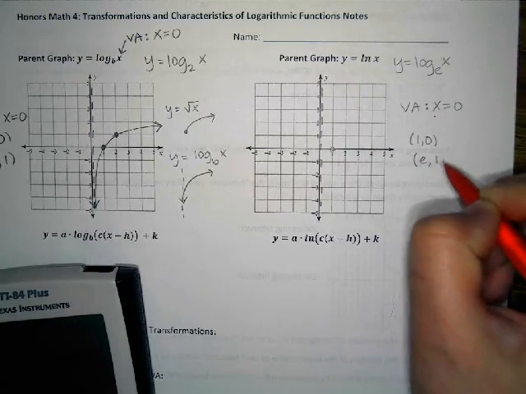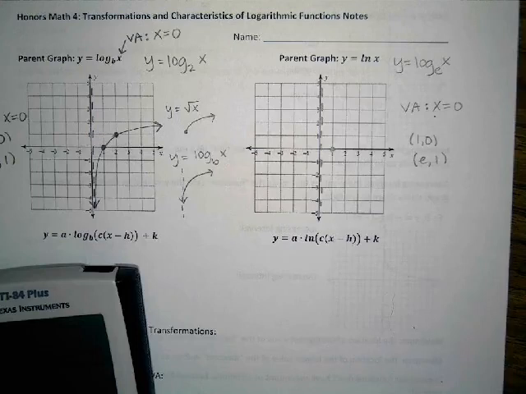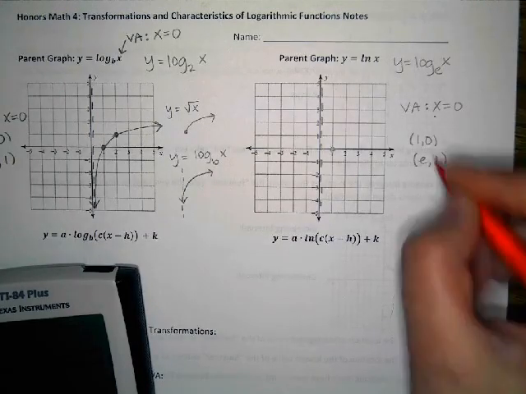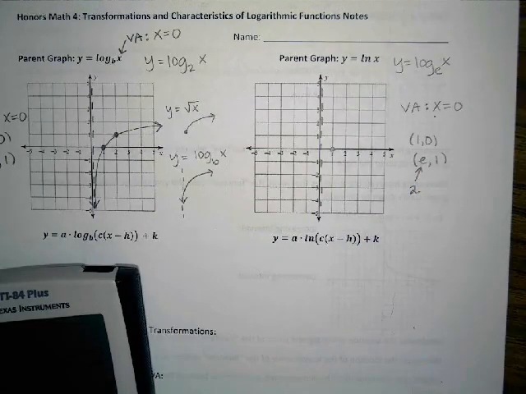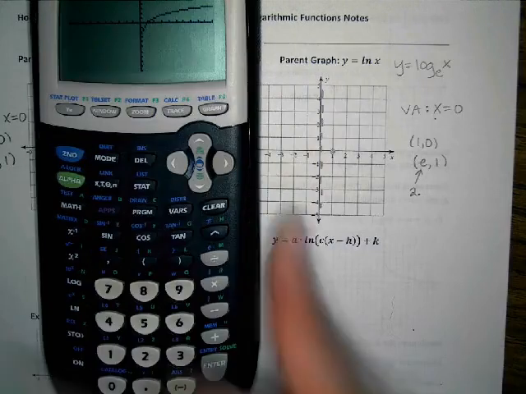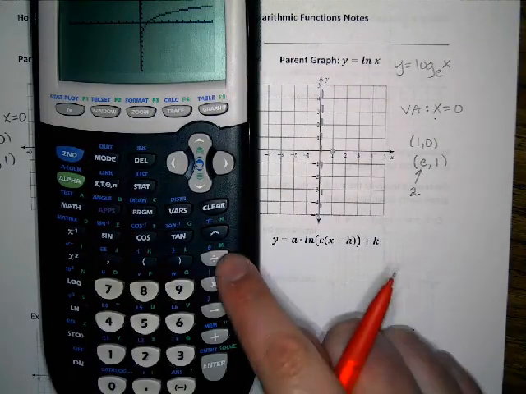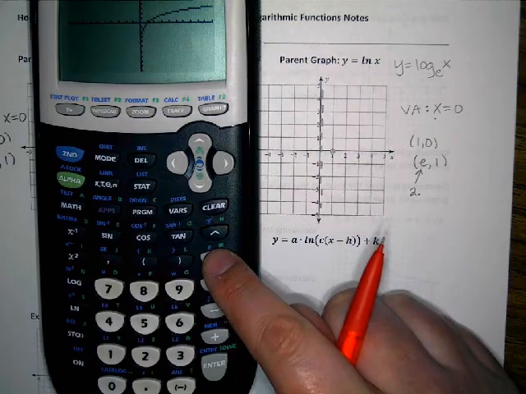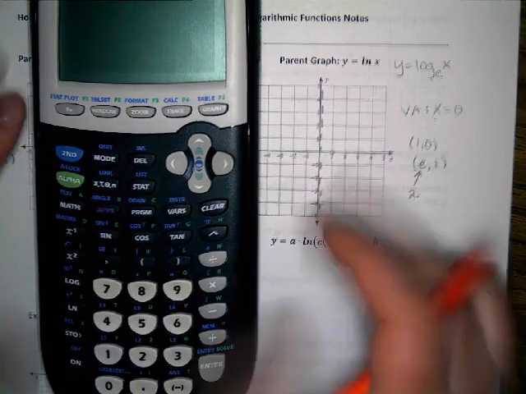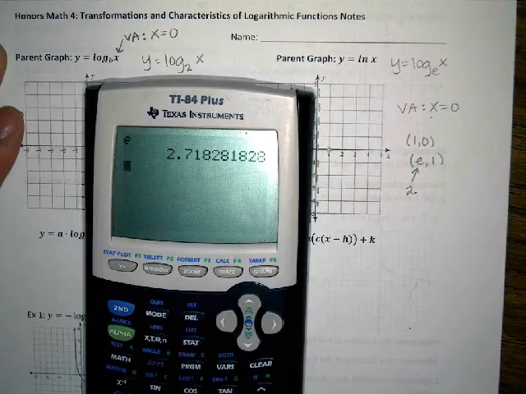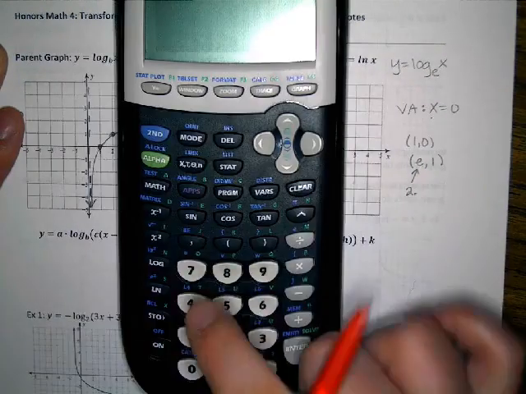And does anyone know what the decimal for e is? Yeah, 2 point. We can check it. 2.71. Yeah, so there's an E button right here on your calculator. It's in blue. So if I get out of this, I can hit second this button, and then that'll get me just a plain E. Or the other place to do the E is above the ln button.